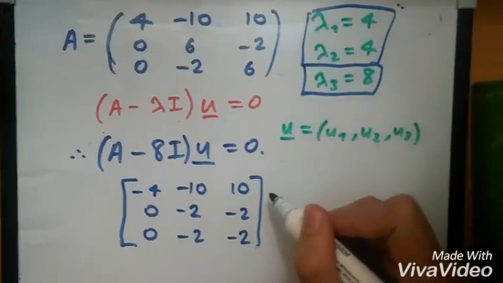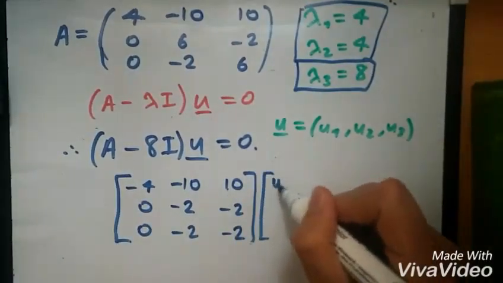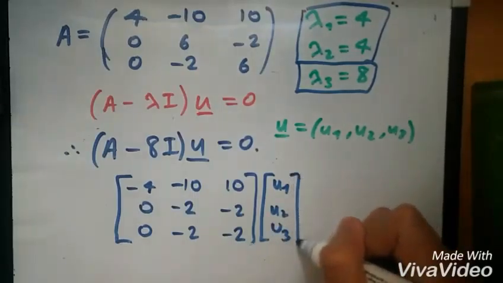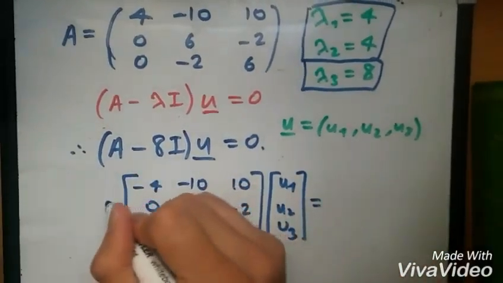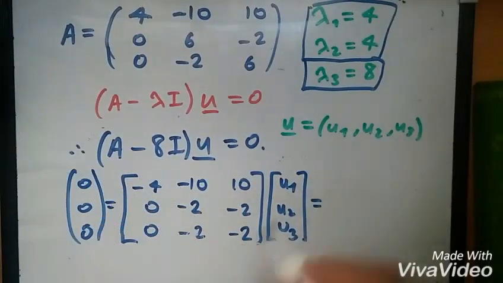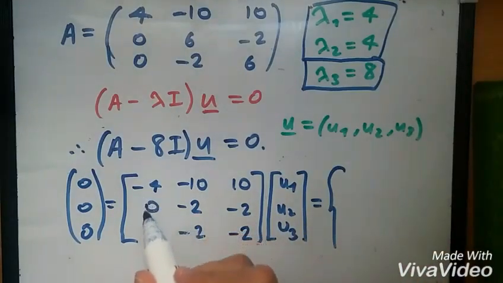Okay, so let's finish this off. Again, this part multiplied by the u vector, so u1, u2, and u3, and all of this equals 0. Let's just put that over here. Okay, so let's solve this system of equations. What do we have here?